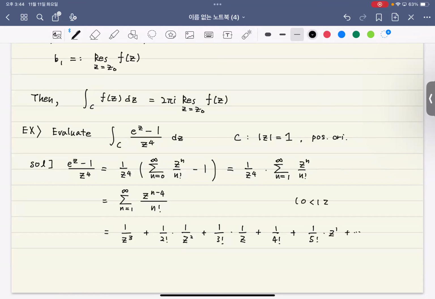This is always true for z between 0 and infinity.